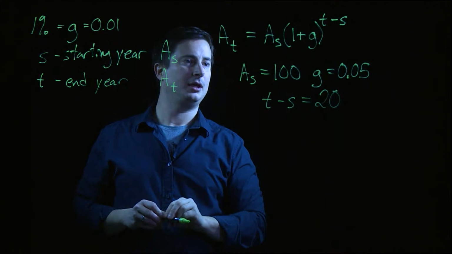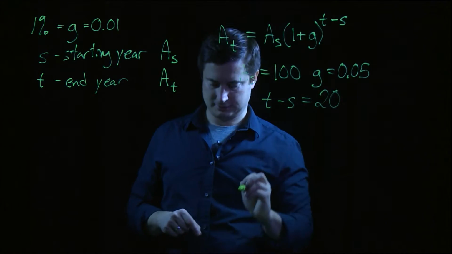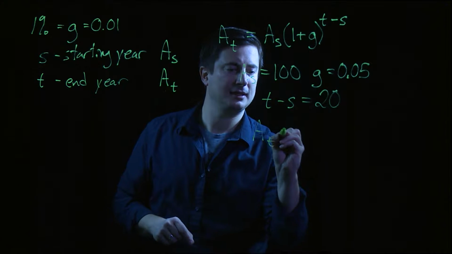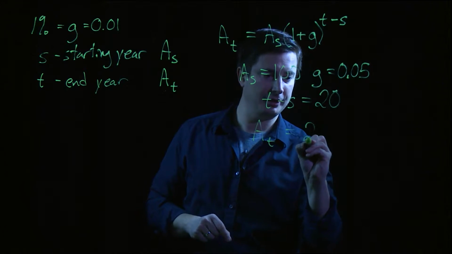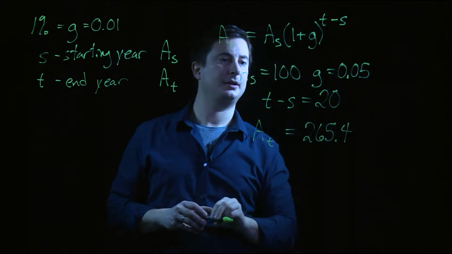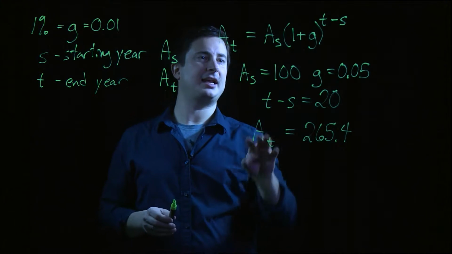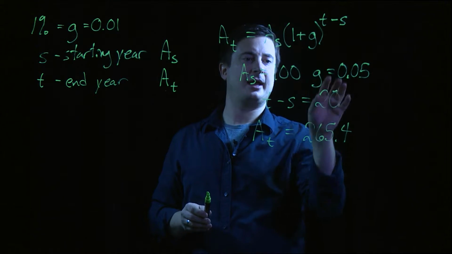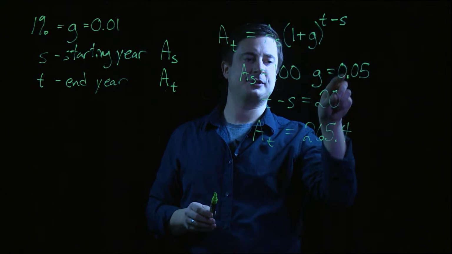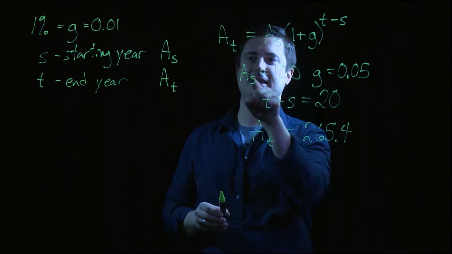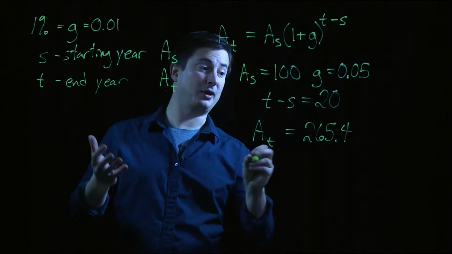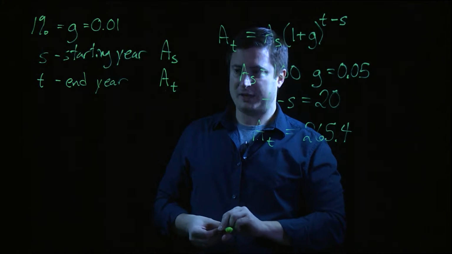Then just plugging these things in gives us that A sub T will equal roughly 265.4, I believe. So again, that's just saying that $100 had a growth rate of 5% applied to it over 20 years. So compounded over 20 years, and at the end of the day, 20 years down the road, we're left with $265.40.